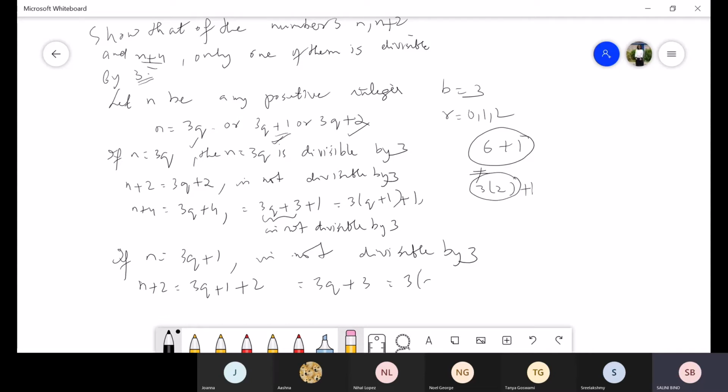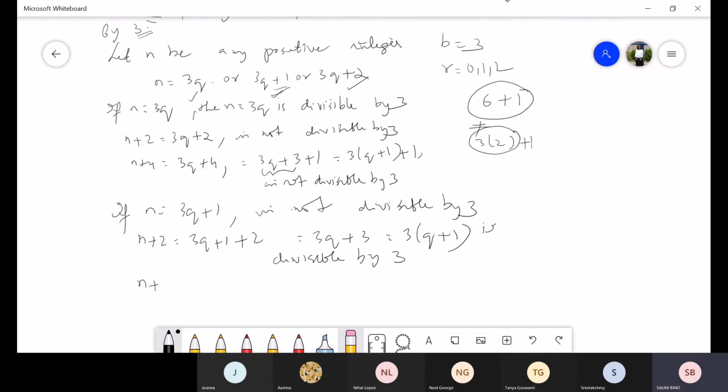So 3 into q plus 1. 3 into some number means it will be divisible by 3. Now you have to check n plus 4. Can you see my screen?